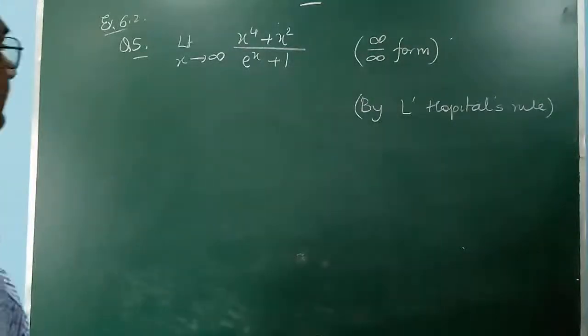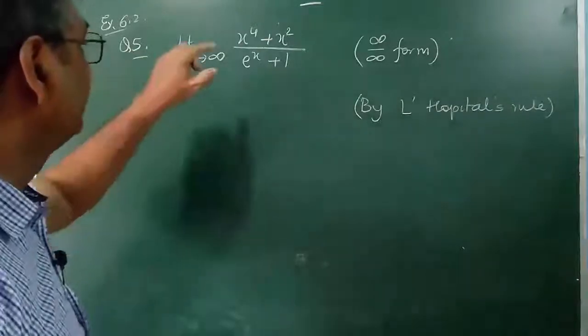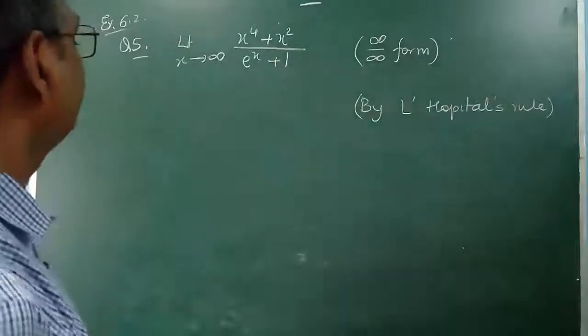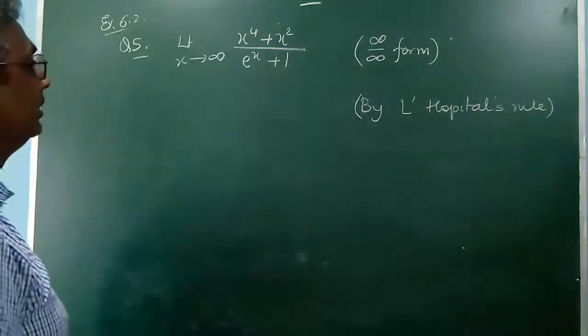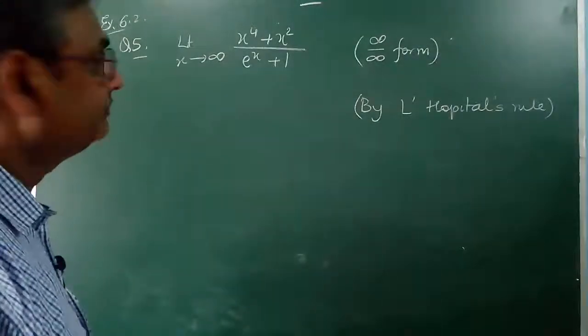This we are having. Limit x tending to infinity x to the power 4 plus x square by e to the power x plus 1. Now see, can we do something here?